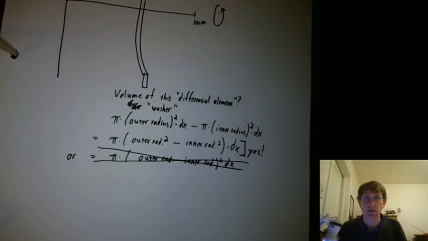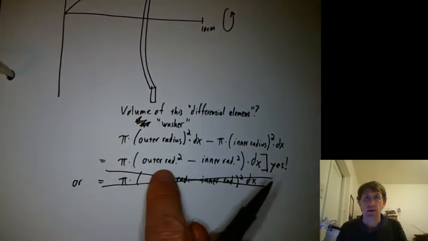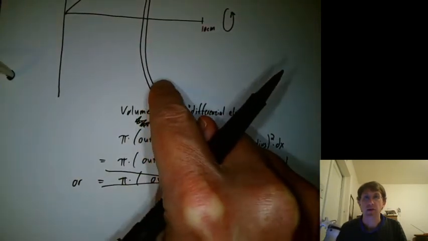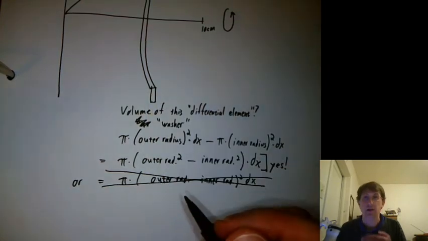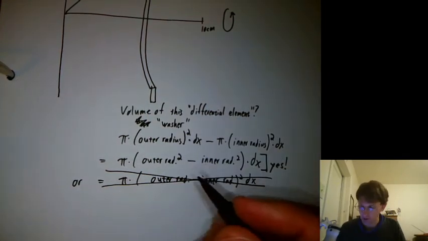So if that's the volume of my differential element, then I just have to add up all the differential elements the same way we did on the other one.